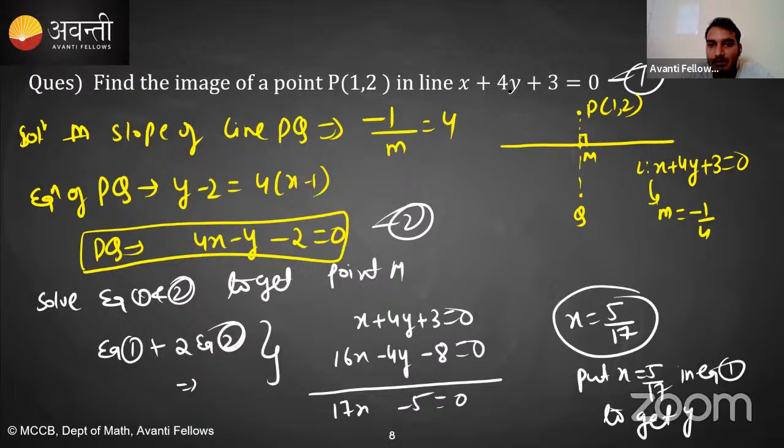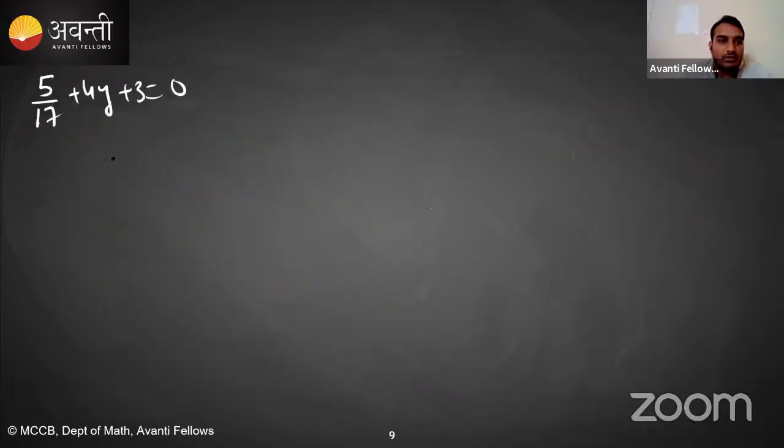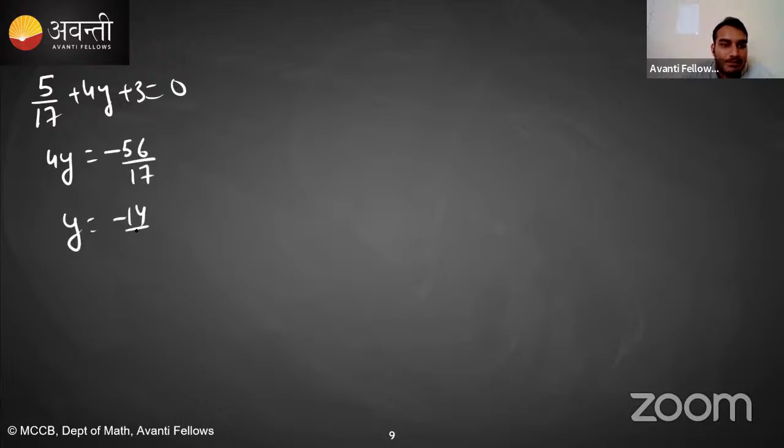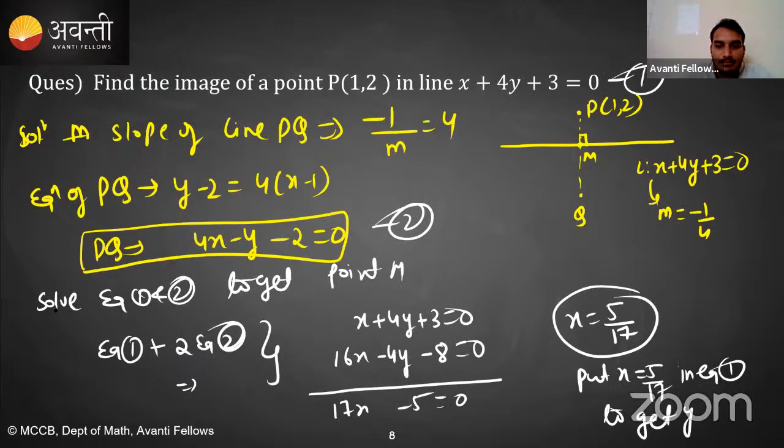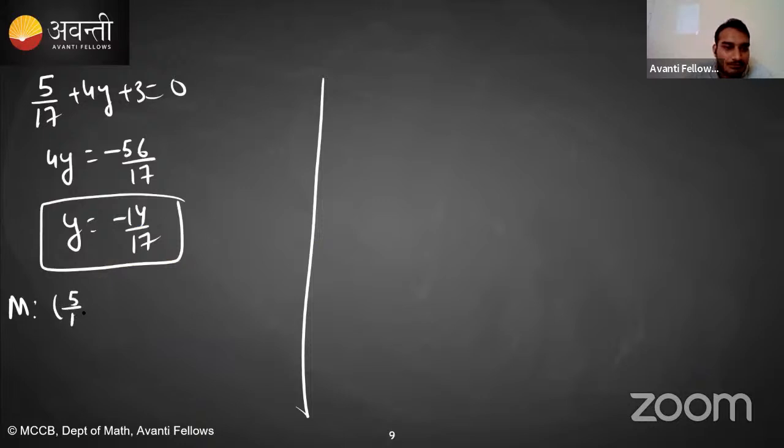So 4y is nothing but minus 51 minus 5, which is minus 56 upon 17. So y comes out to be minus 14 upon 17. So what is the point M? The coordinates of point M are 5 by 17 comma minus 14 by 17. Is this clear, students? Point M has come, right?